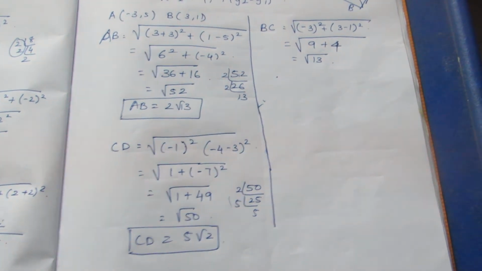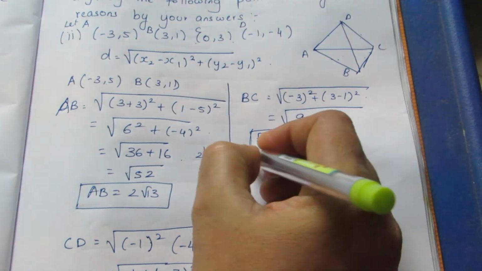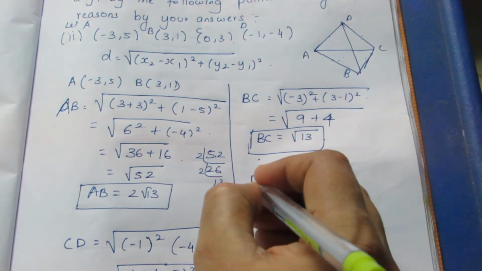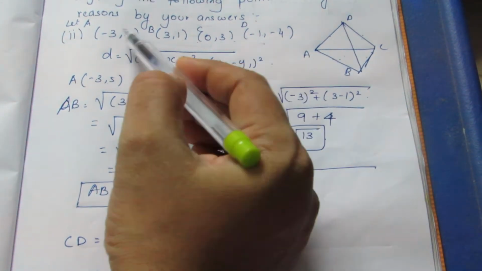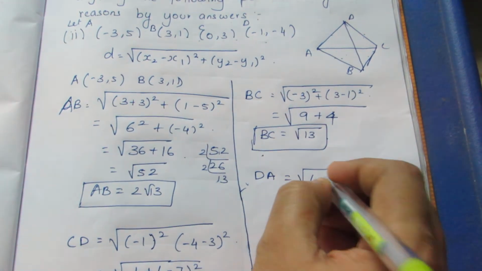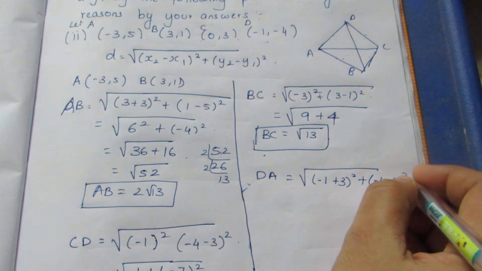Now we'll find DA. As till now everything is totally different. For DA it is the root of D and A. So minus 1 plus 3 the whole square plus minus 4 minus 5 the whole square.